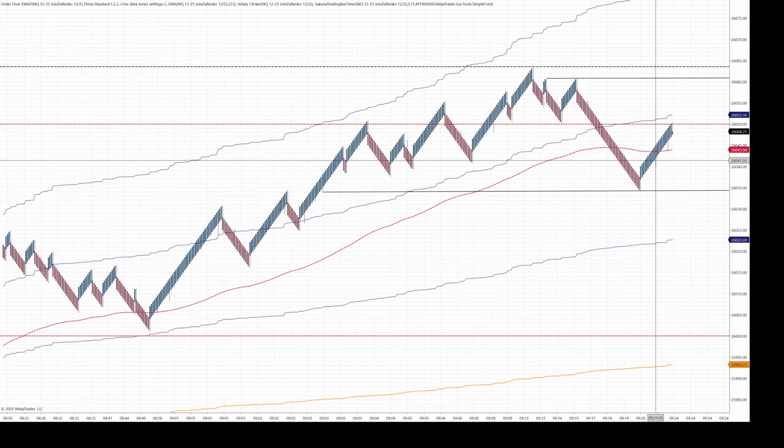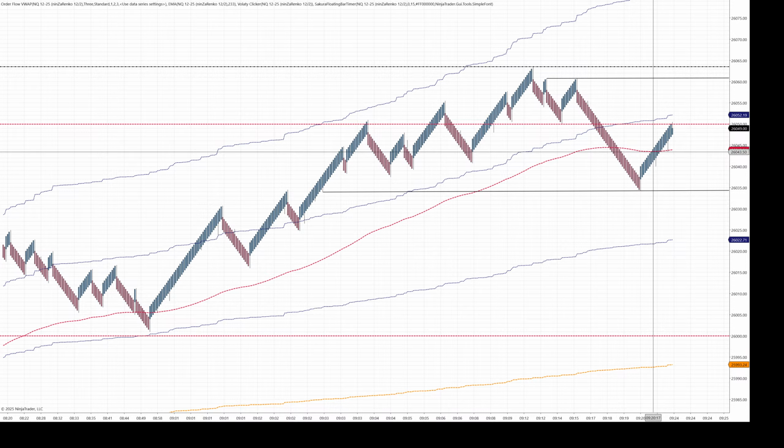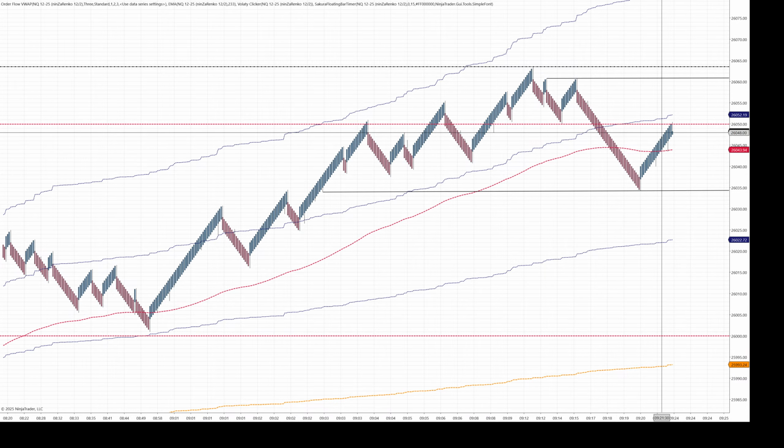A new brick is not going to be formed unless two or more points in one particular direction occurs. And so what's nice about Renko charts is that you'll quickly spot when the market is stuck, because then it'll stop laying these bricks in one particular direction.